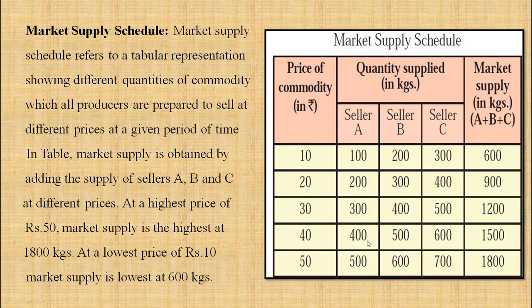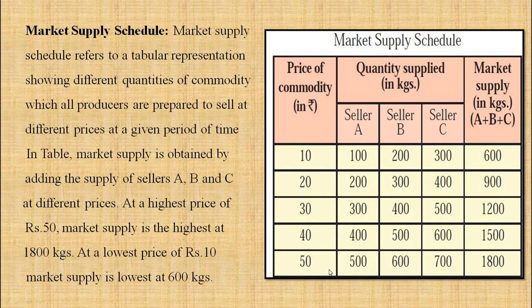So 400 plus 500 plus 600, it is 1500. And at price 50, A is supplying now 500 commodities, B is supplying more, that is 600, and C is supplying 700. The total of 500, 600 and 700 is 1800. This is the market supply.